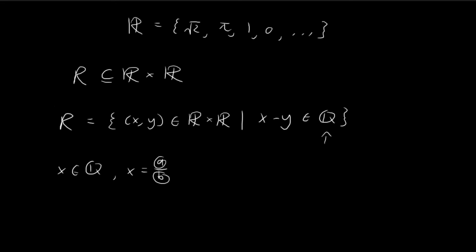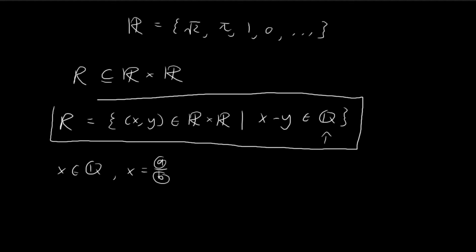So our relation is one where x will be related to y if the difference of x and y is rational. For example, 2 is related to 3, because obviously 2 minus 3 is negative 1, which is rational. On the other hand, 2 is not related to the square root of 2, because 2 minus the square root of 2 is irrational.